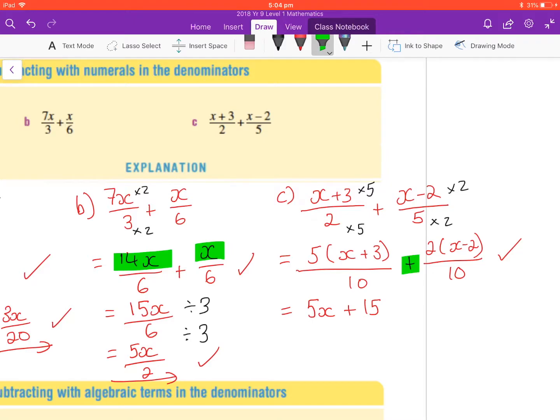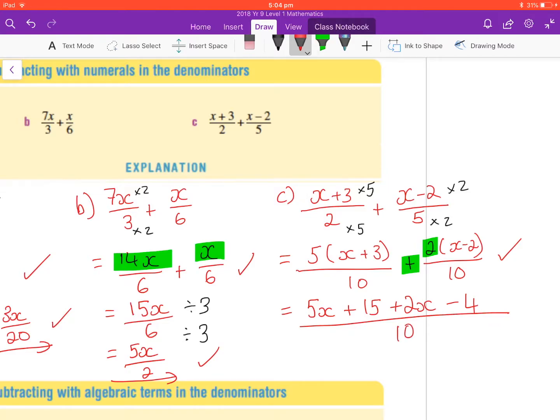That plus needs to attach itself to that 2, so it makes it a positive 2. If there was a subtraction there, it would be a negative 2 timesing into that bracket. So watch out for those little tricks. Positive 2 times x is a plus 2x. Positive 2 times negative 2 is negative 4, and that's all over 10.